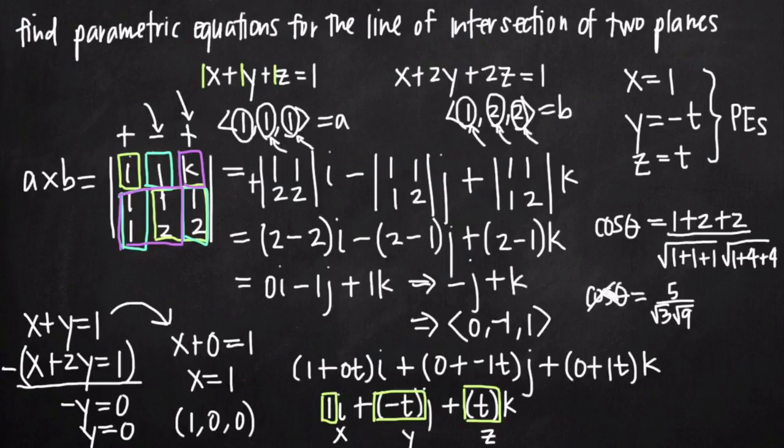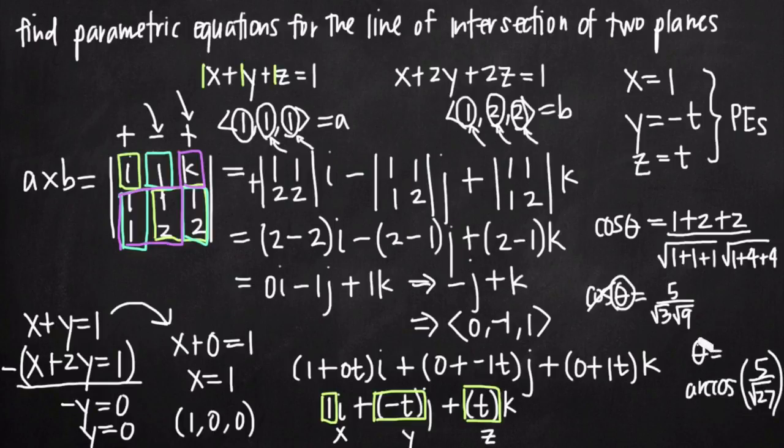That'll cancel the cosine from the left-hand side, leaving me only with theta, which is the angle I want. So I'll get theta is equal to arc cosine, or the inverse cosine function, sometimes we write it cosine to the negative 1, of 5 divided by square root 3 times square root 9, which is really just square root 27, like this. And I would plug this into my calculator to find theta.